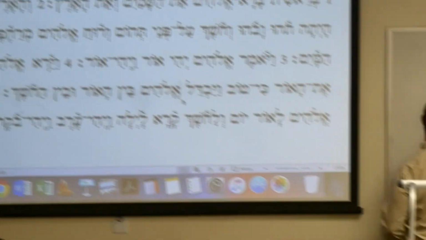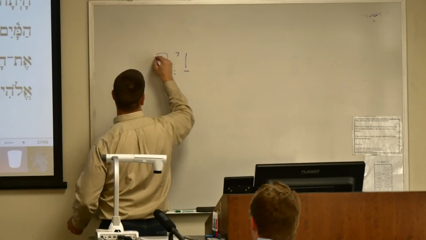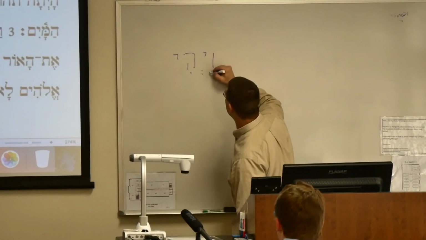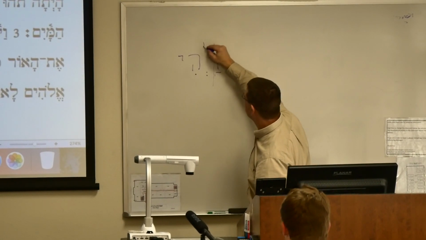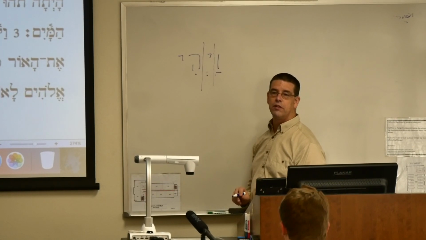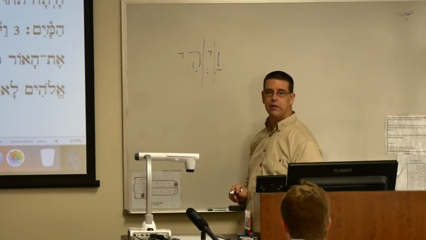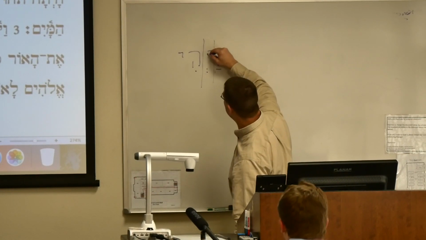Exactly, all right. So, we have this word right here, and we learned to divide it like this: va, yeh, hi. First vowel is short. What do you expect to happen? You expect closed. Indeed, it should be.